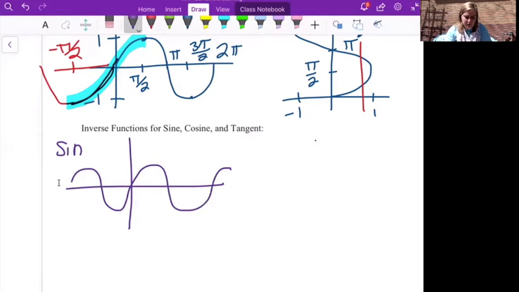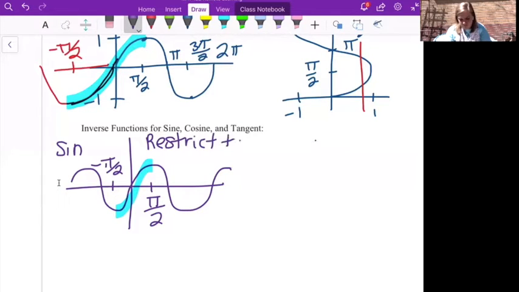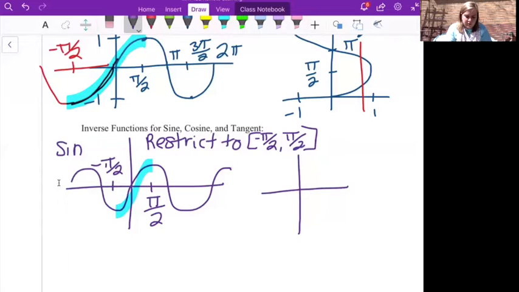If we restrict it between negative pi over 2 and pi over 2, then our inverse is going to be, so again, our y values are between -1 and 1.